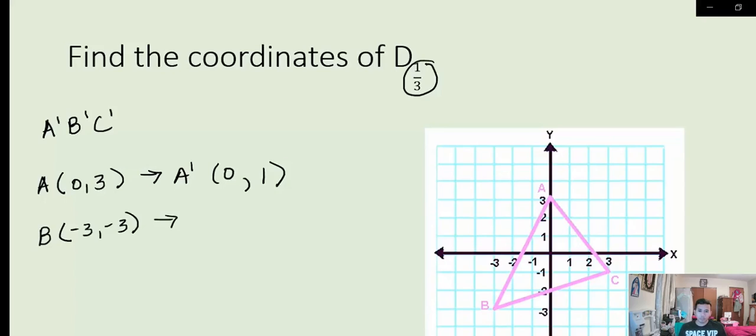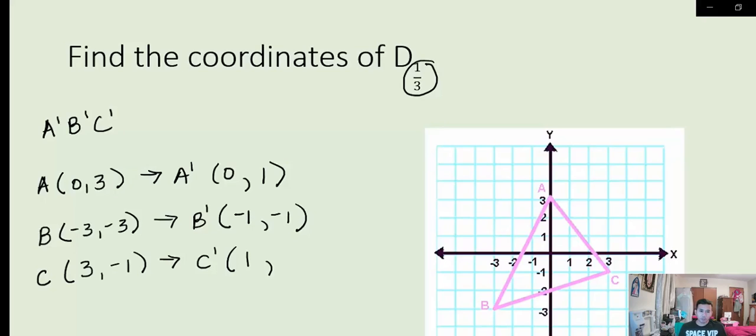And then B, we have negative 3, 3, and when you multiply that, it will become negative 1, 1. And then C, we have 3, negative 1, multiply it with 1/3, that is 1, and then negative 1/3. So you can graph that.